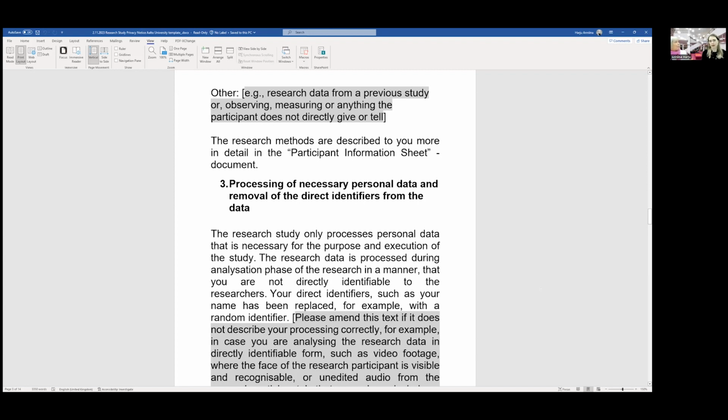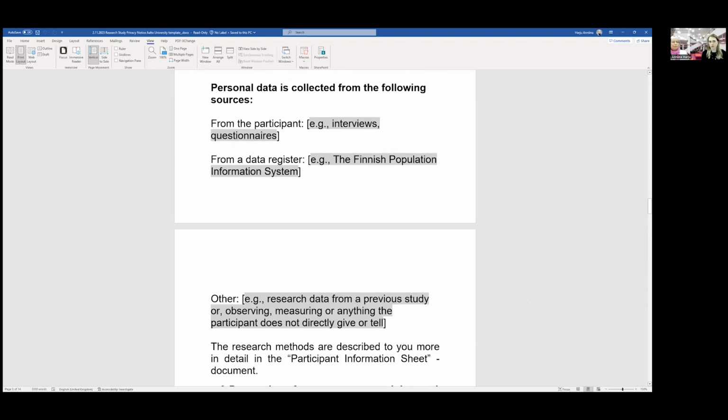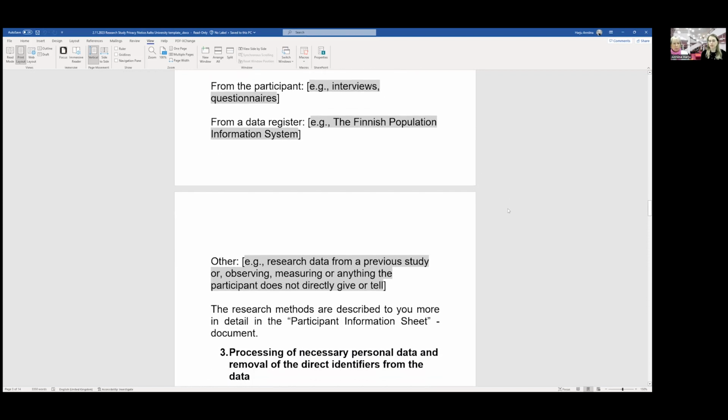Here I can maybe add a little bit more about the source of the personal data. In most cases, we see that people list that everything is collected from the participant. If you are using different types of measurement tools, for example, obviously the person is not going to be able to tell you what their heartbeat is at the moment. It's physically collected from the participant, but because the participant is not able to tell it directly, it needs to go into the category of other means.